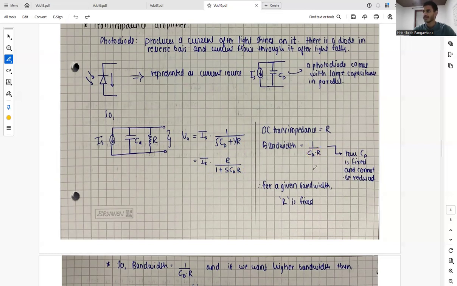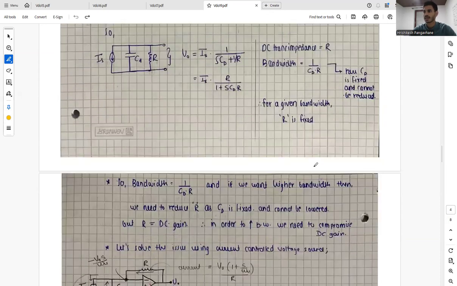So our bandwidth will be from 0, from the origin, to our first pole, which is 1 by CD R. Here CD is fixed and cannot be reduced. So for a given bandwidth, R is fixed, and the gain is fixed. If we don't want to compromise with the gain, then we can't do anything with the bandwidth.